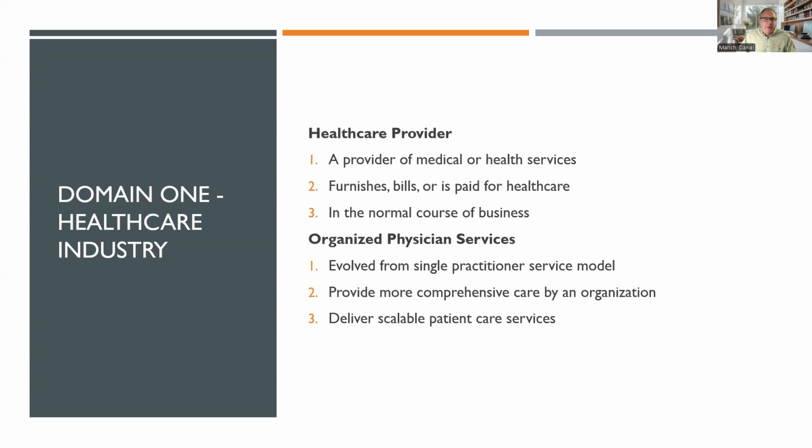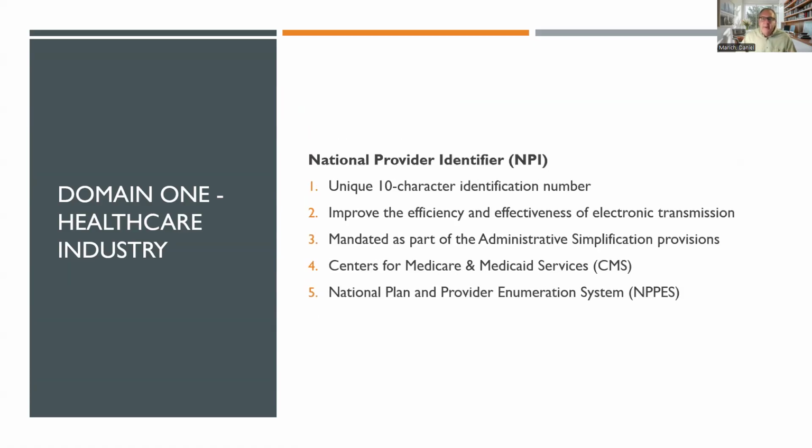So then it talks about healthcare providers. This is an organization that provides medical or health services, furnishes or bills or pays for healthcare in the normal course of business. So if in normal course of business it's involved in the healthcare, it's a healthcare provider. Organized physician services, it talks about that. There's a definition there.